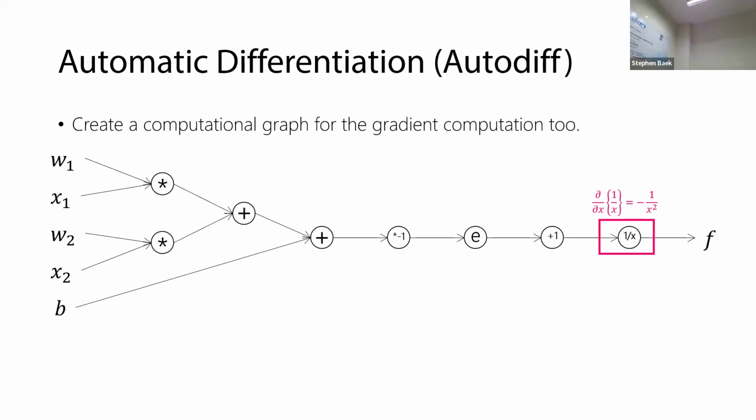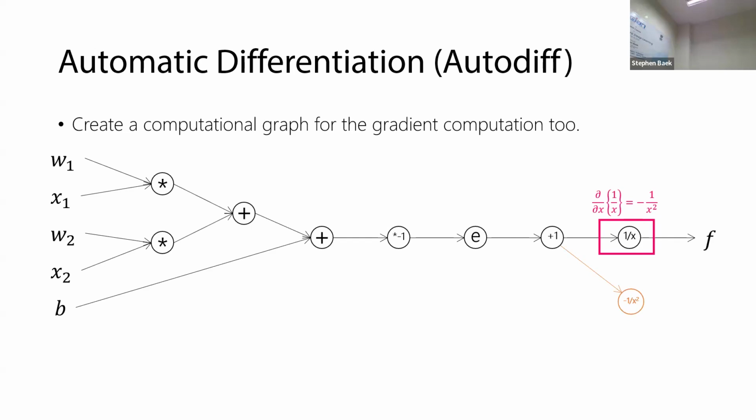But in automatic differentiation, we not only construct the graph that looks like this, we also construct a graph for the derivatives. So for example, this node over here, 1 over x, we know that the analytic derivative of this is negative of 1 over x squared.